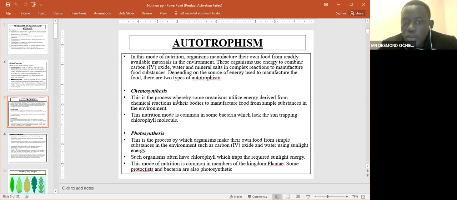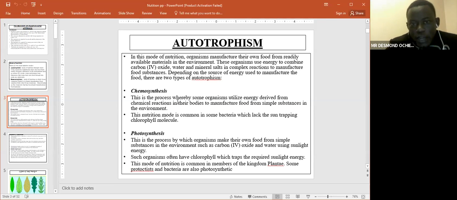So when we talk about the energies that are used to combine these inorganic materials available in the environment, then we find two different types of autotrophism.